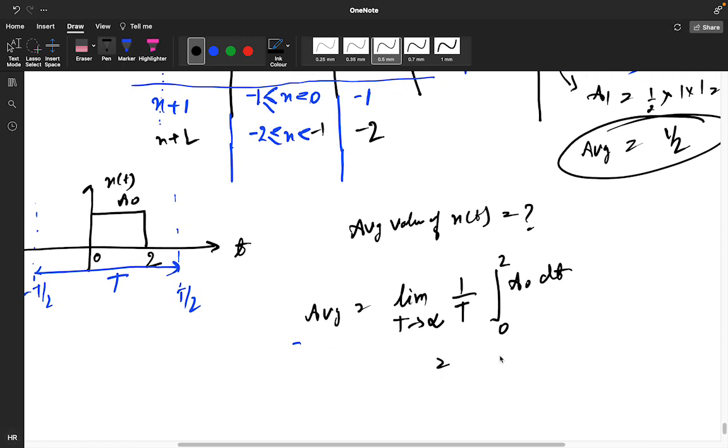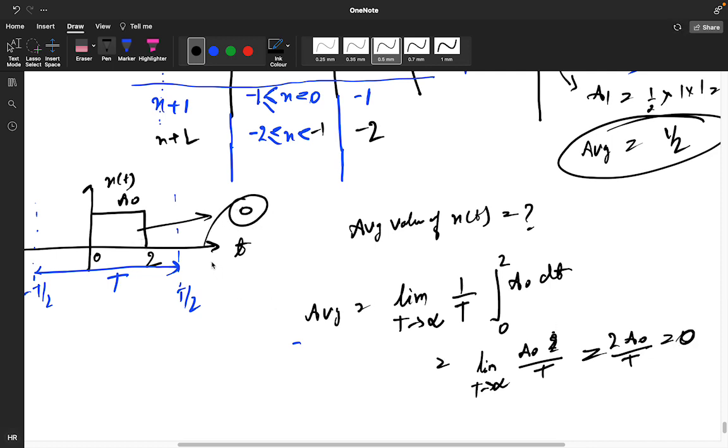So what you will get, a naught into 2 divided by T, and limit is T tends to infinity. What will the average value be? A naught into 2 divided by T, infinite. So if you put infinite, what you will get? 0. So average value of this particular graph will be 0.